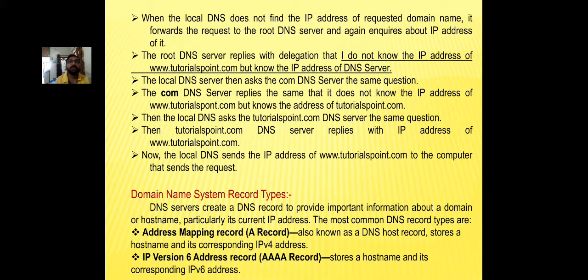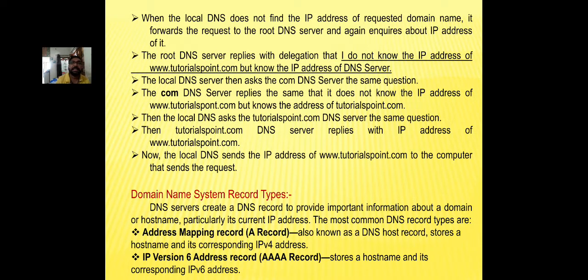Then the local DNS asks the tutorial.com DNS server the same question. The tutorial.com DNS server replies with the IP address of www.tutorial.com. Now the local DNS sends the IP address of www.tutorial.com to the computer that sent the request.